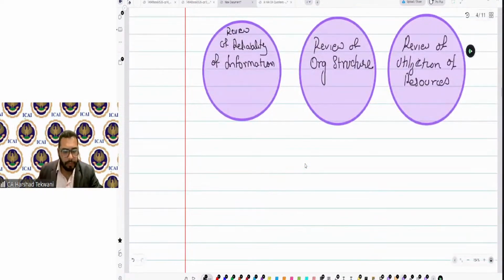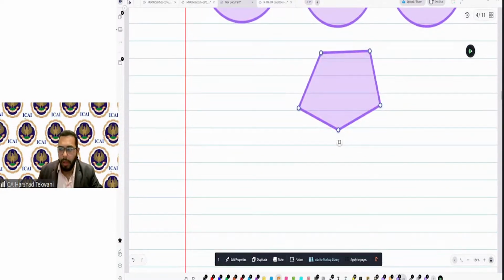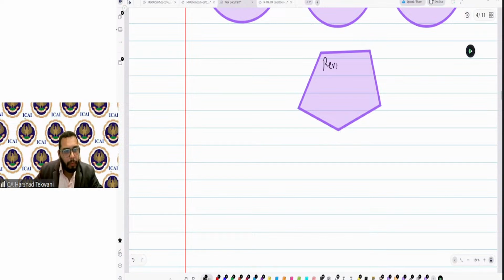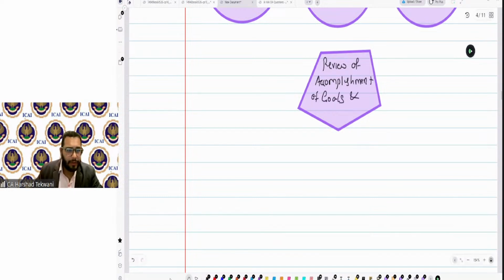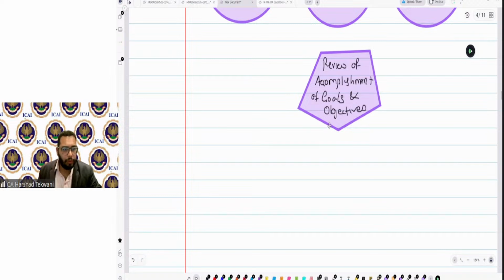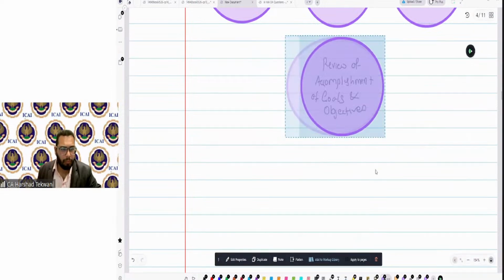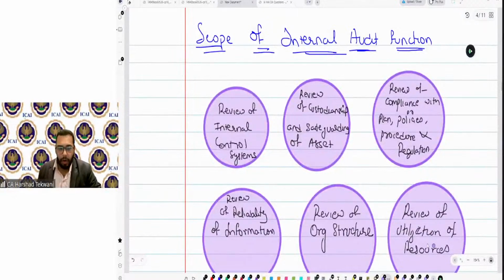And the last one is review of accomplishment of goals and objectives. So these are certain functions, or scope of work, of the internal audit function.